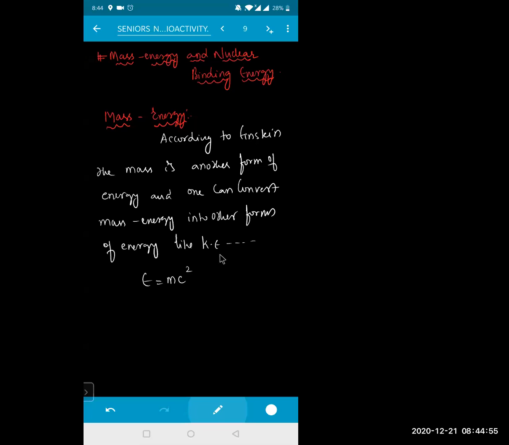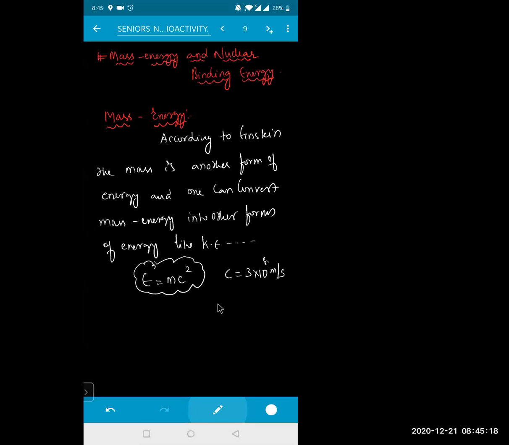It may be kinetic energy, potential energy, electrical energy, magnetic energy, nuclear energy, gravitational energy. So E is equal to m c squared is nothing but the energy and mass equivalence, where c value is equal to 3 into 10 to the power of 8 meter per second. This I already did in the dual nature part.